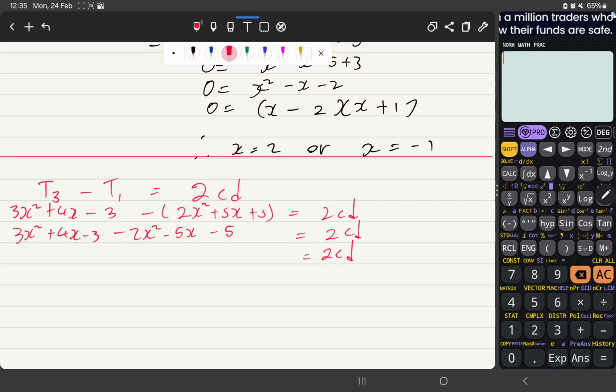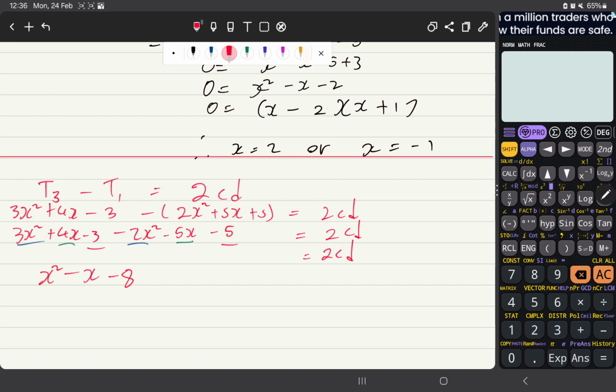If I do the subtractions, this gives me x squared, and this gives me minus 1, so that's minus x, and these two give me minus 8, minus 3 and minus 5.